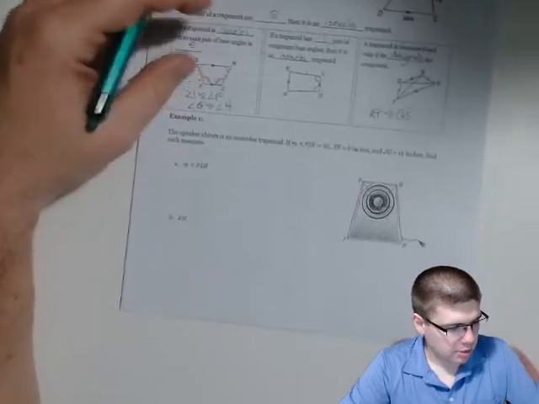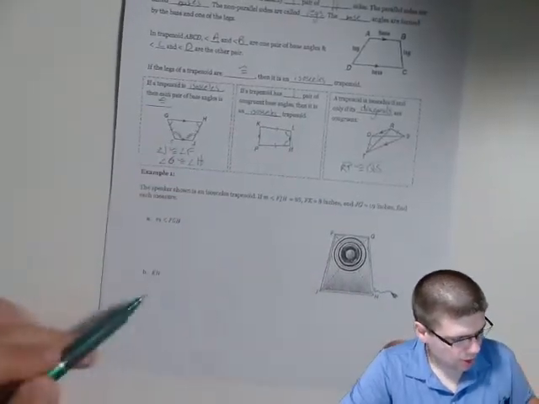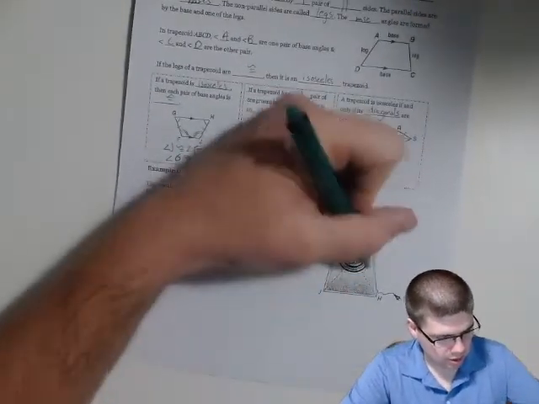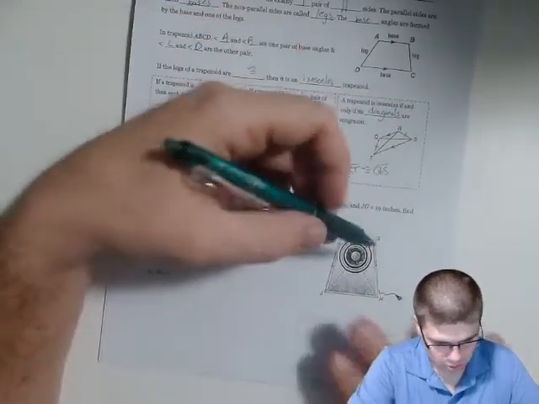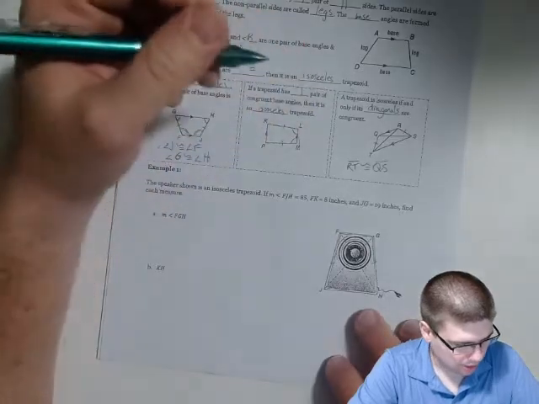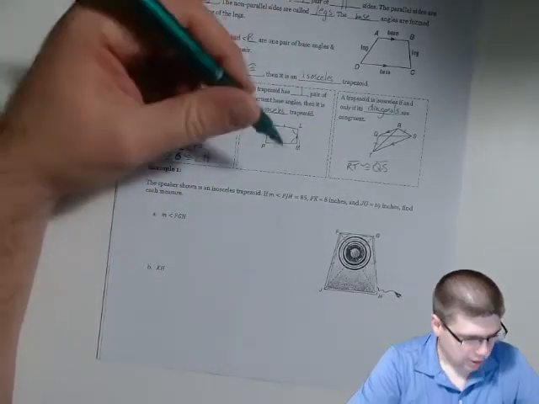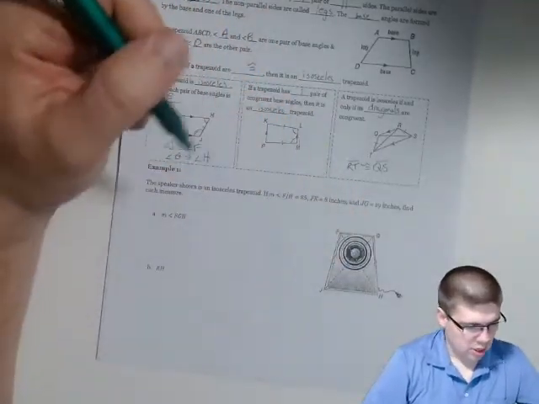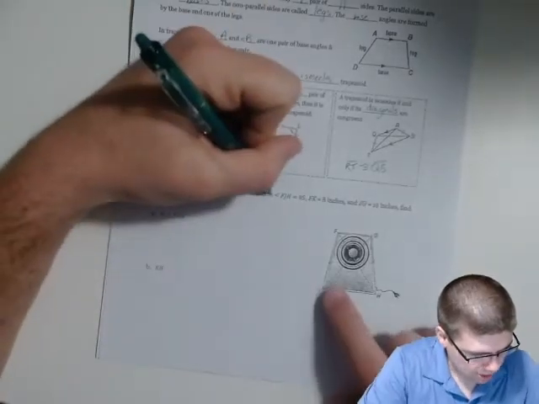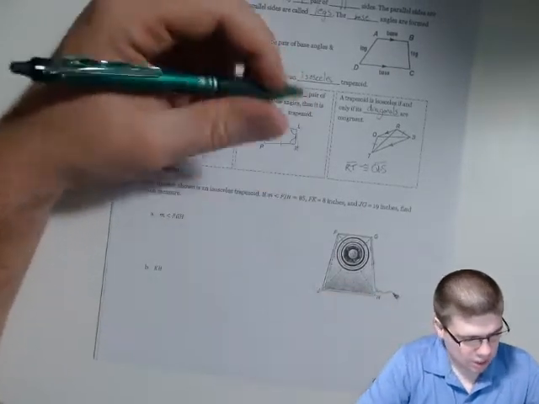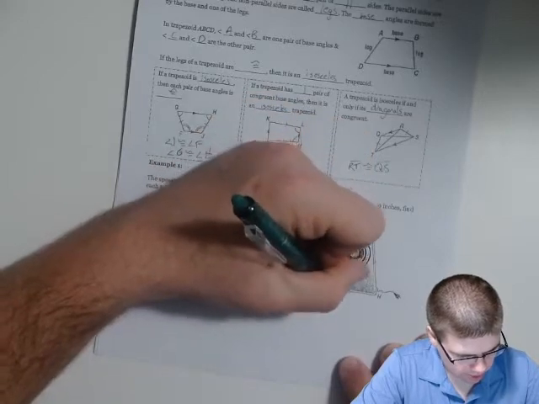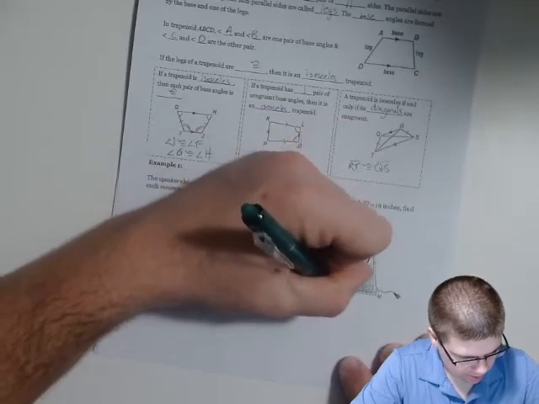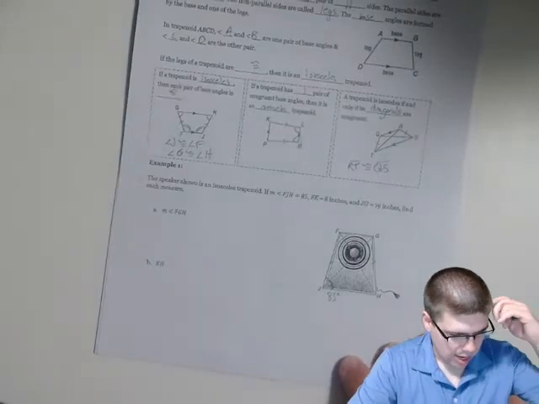All right, so some examples. The figure shown is an isosceles trapezoid. So we know that these non-parallel sides, and I'm going to assume that these are the parallel sides since they look parallel, so we've got those sides are congruent. If the measure of angle FJH is 85, so FJH, this angle here is 85 degrees.